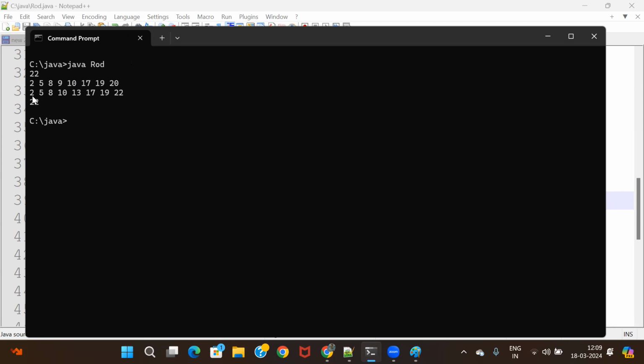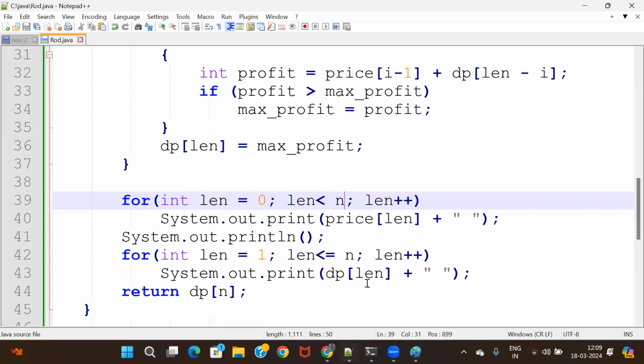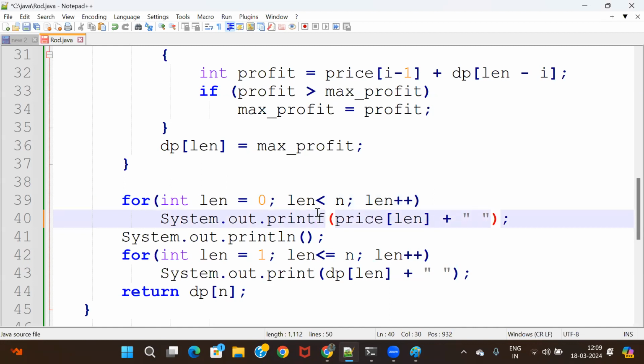For length of 1, profit is 2. For length of 2, profit is 5. Length of 3, just make it a beautiful solution using format codes. Okay.